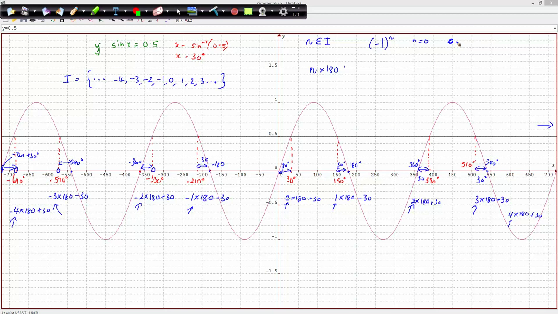It's going to equal 1, because anything to the power of 0 is equal to 1. And if you make n equal to 1, then we would get -1. If you make n equal to 2, so -1 squared, you get +1 again. N equal to 3, you end up with -1.